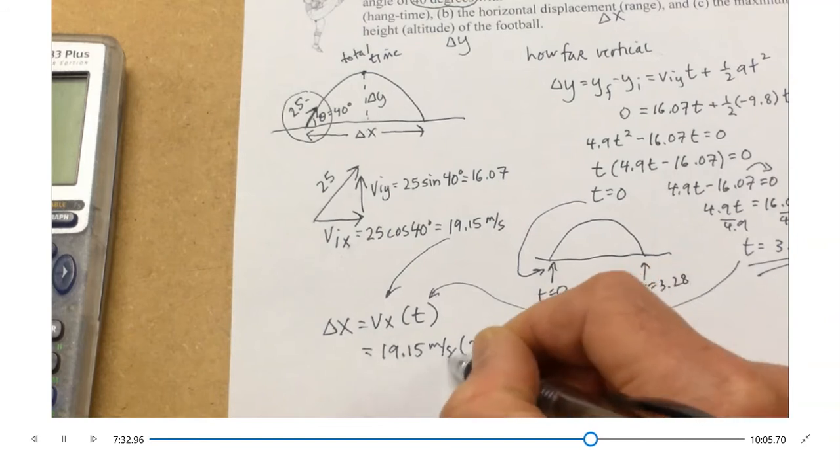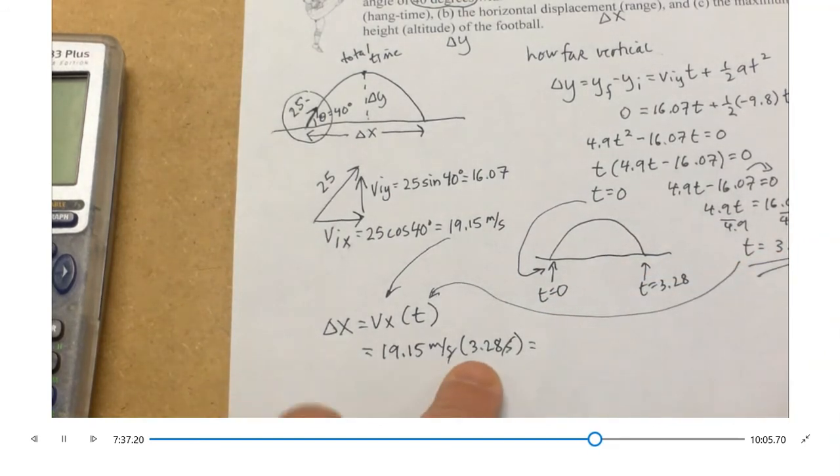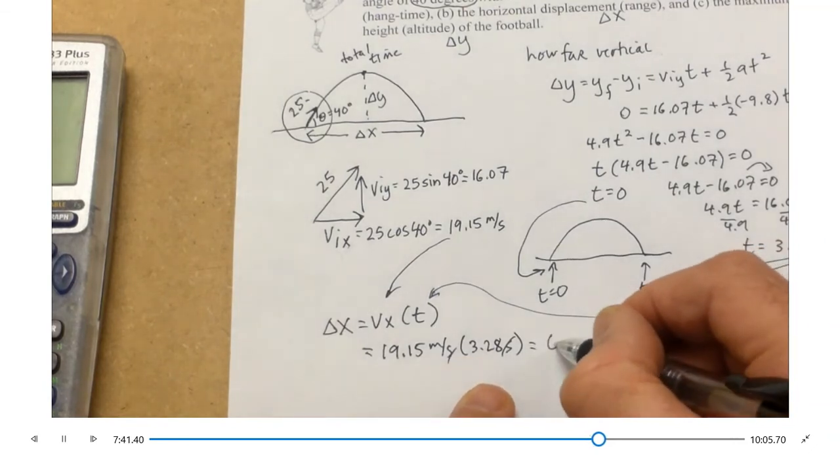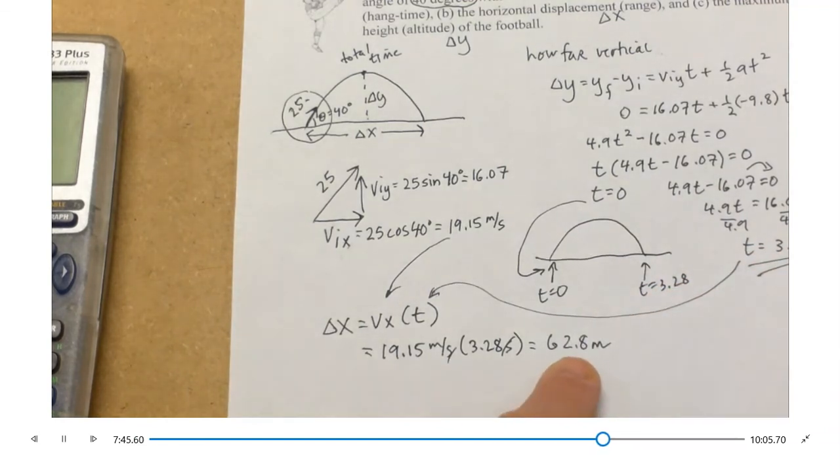Our seconds cancel and we're left with meters. 19.15 times 3.28, we get around 62.8 meters. So in football terms, a meter and a yard are pretty close. So around a 63-yard punt. That's a pretty good punt, isn't it?